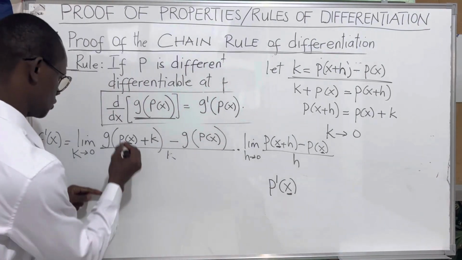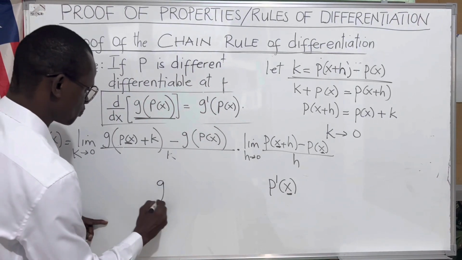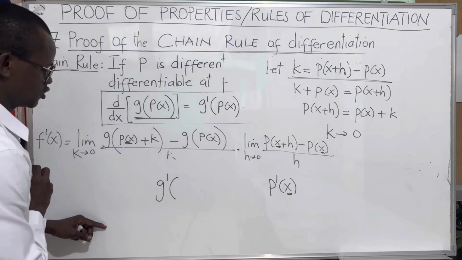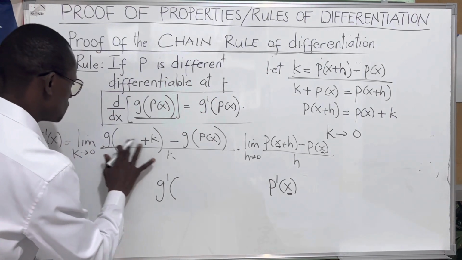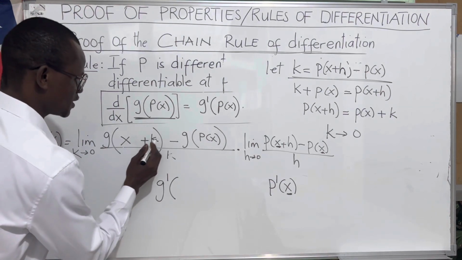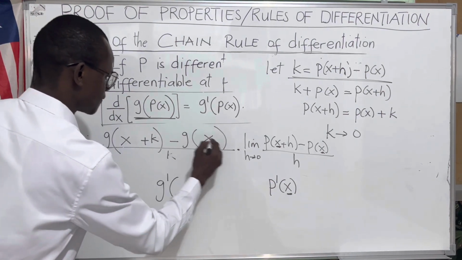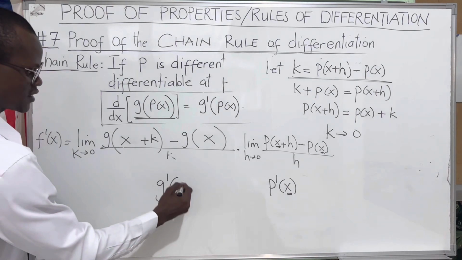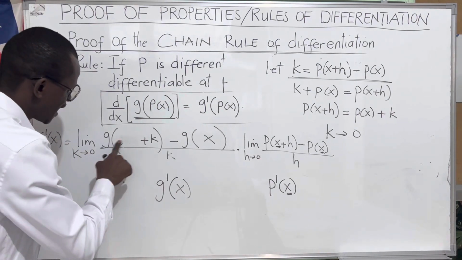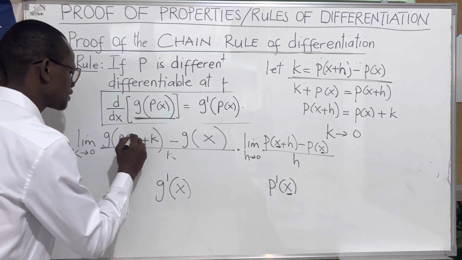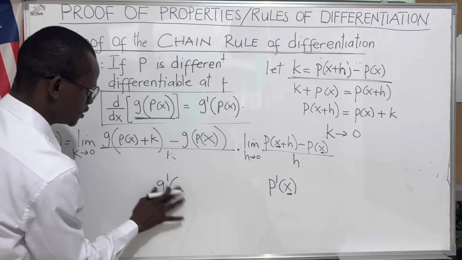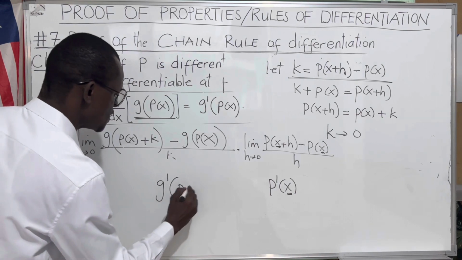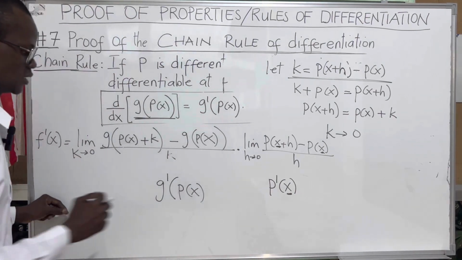So instead of saying g prime of just x, because if this was g of x plus k minus g of x, it would have just been g prime of x. But since this x now has been replaced with p of x, it means g prime now will be g prime of p of x.